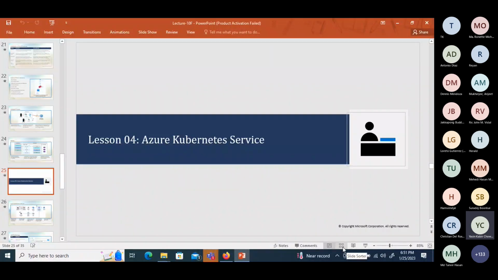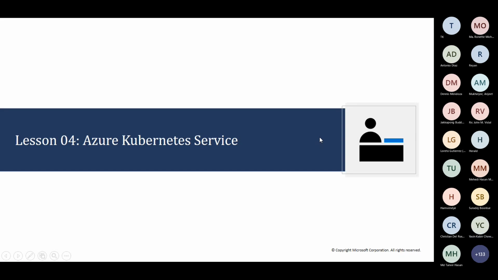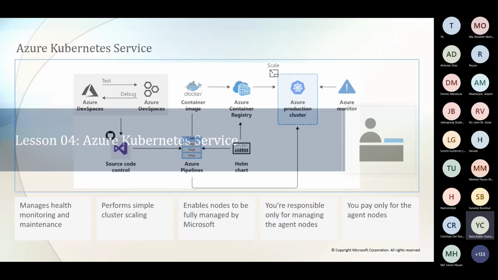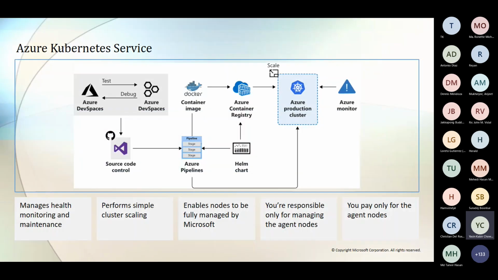This is Kubernetes. As we know, Kubernetes is to contain one or more containers. This is the Kubernetes service, managing and maintaining containers. Perform simple cluster scaling. Scaling will be a simple way. Enable nodes to be fully managed by Microsoft.